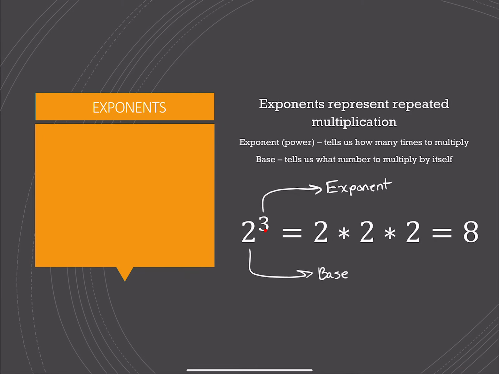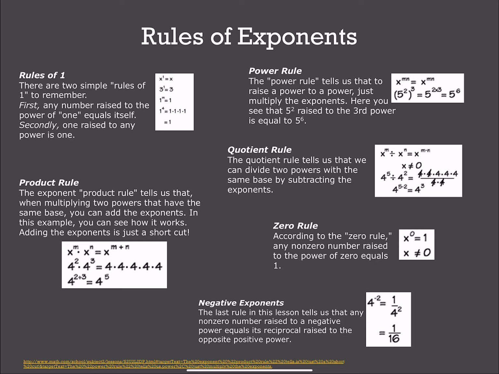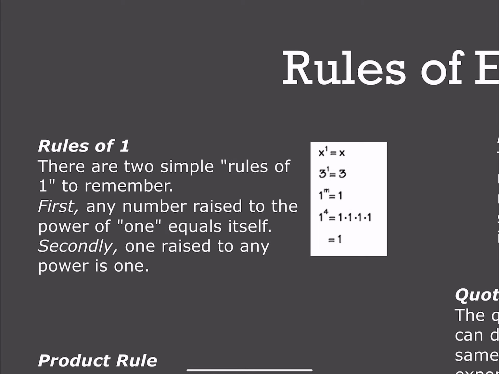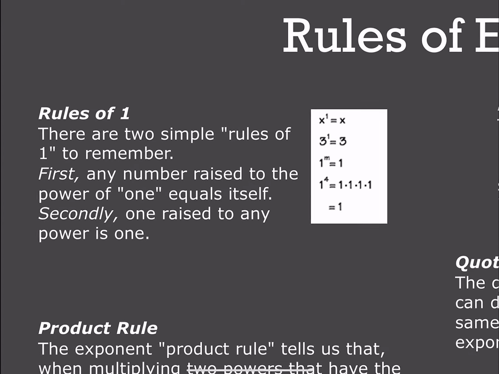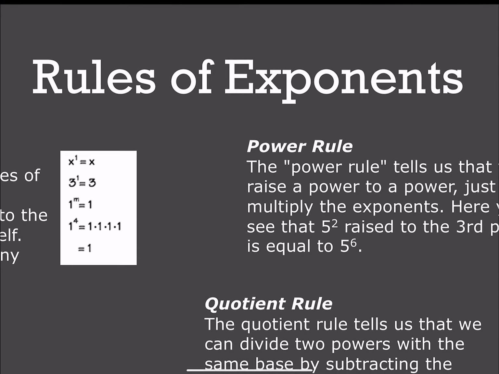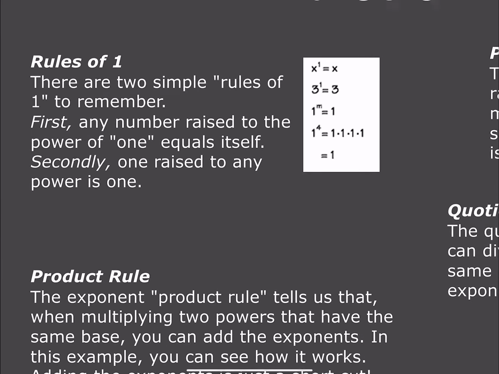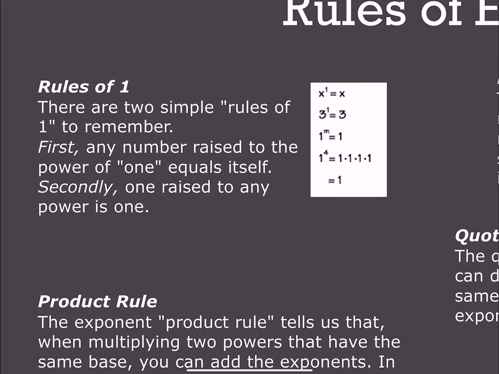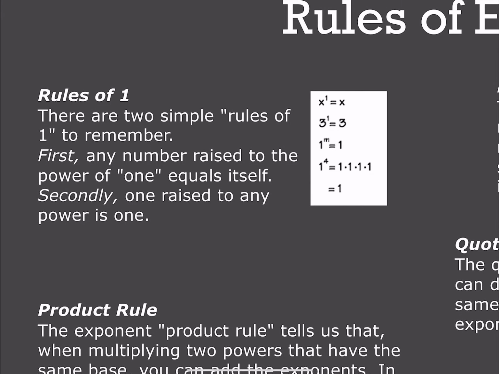Now, when we do exponents, some interesting rules arise. The first rules that we'll look at are the rules of 1, and these are part of the rules of exponents. The first of the rules of 1 is that any number raised to the power of 1 equals itself.